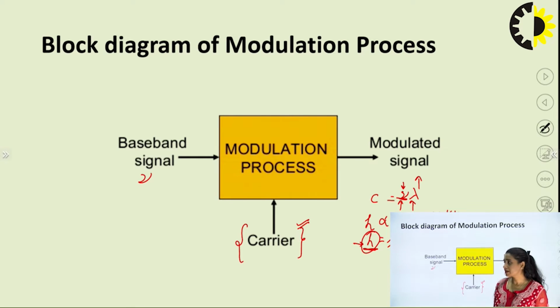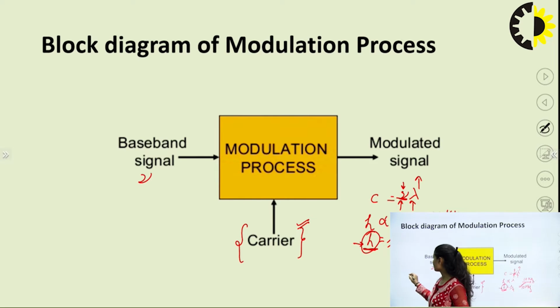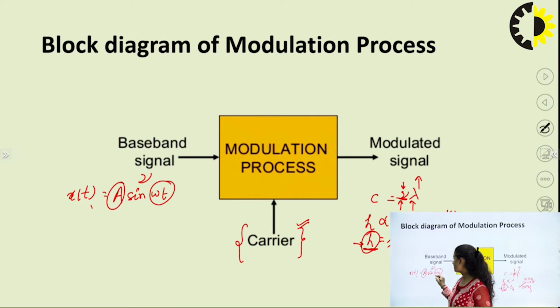If I vary the frequency of my message signal, I will lose the essence of my message, because what is an analog wave, right? x(t) would be, if it is a sine wave, my signal does have amplitude and angle, these two characteristics.